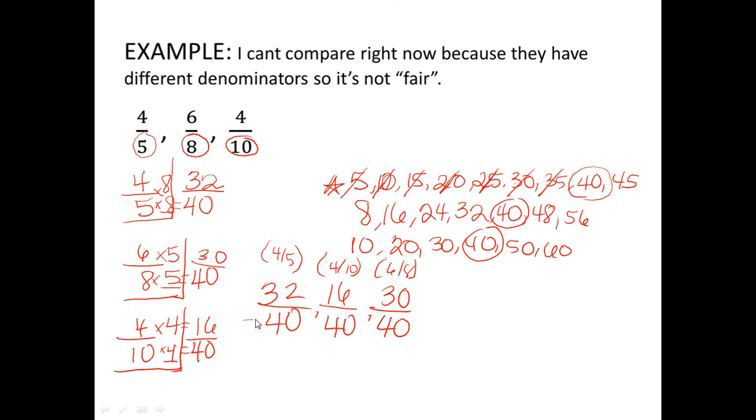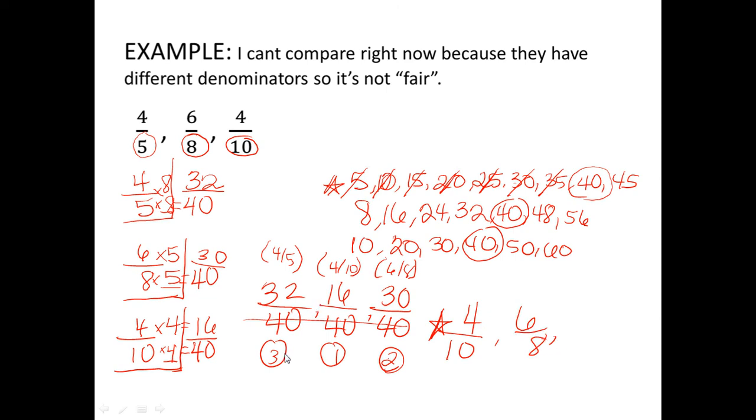Alright, I can see that 16 is the least out of 40. I can ignore the denominators because they're all the same, so I'm just looking at numerators. 16 is first, then we would have 30, and then we would have 32. So our list, in order, our final answer: the first one was originally 4/10. Second place here would be 6/8.